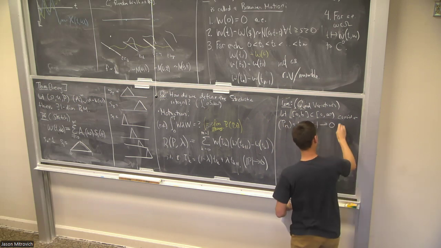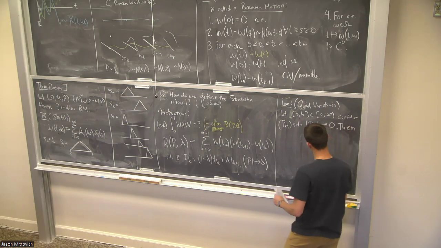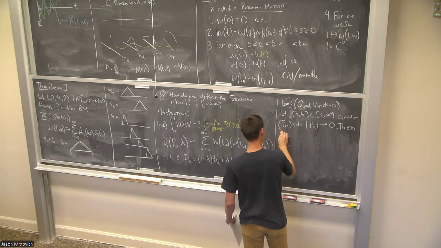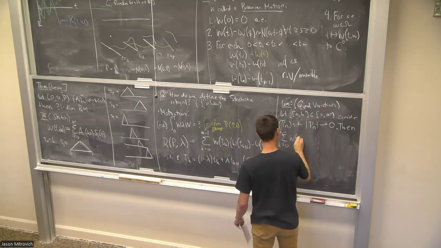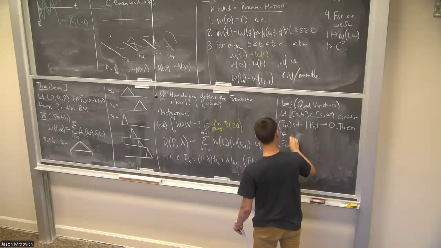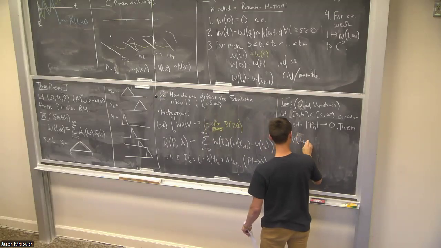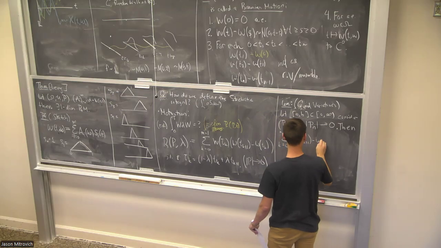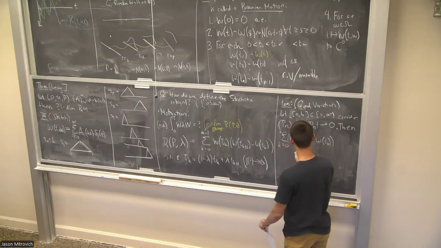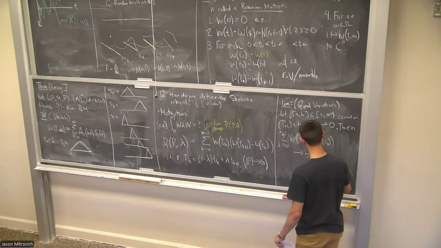Then the conclusion is as follows: that the sum from k equals 0 to m n minus 1 of w, not w, sorry. It is w, but I want just the endpoints. w of tk plus 1 minus w of tk.